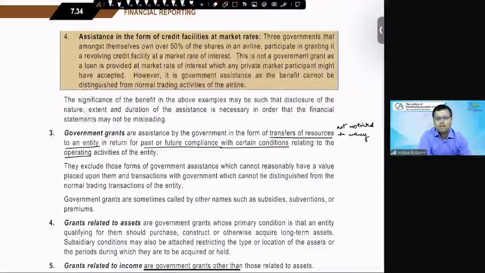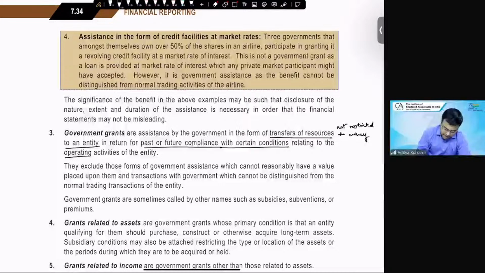They may give a particular threshold that at least these many members of the backward community must be employed in your organization so as to promote economic growth in such backward areas. That is something like all these northeastern states which were supposed to be industrially backward. Those were the regions where the government has given substantial grants to the entities.